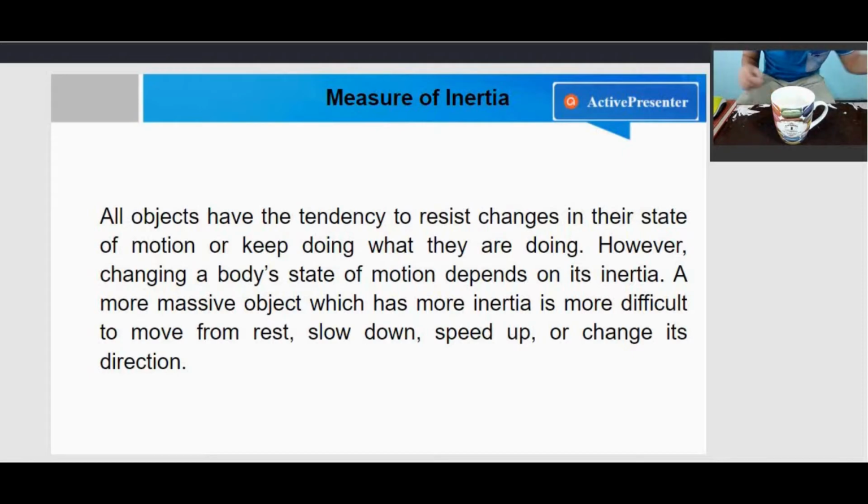Example, the inertia of this book compared to this stapler box, okay, since this book has more weight, has more mass than this stapler box, the force we need to move this staple box is only less than the force we use to move this book.